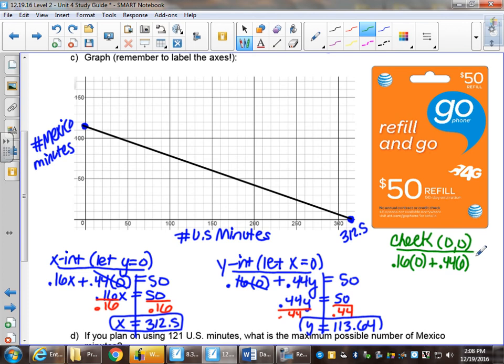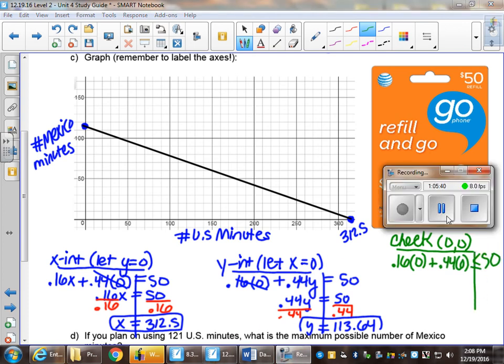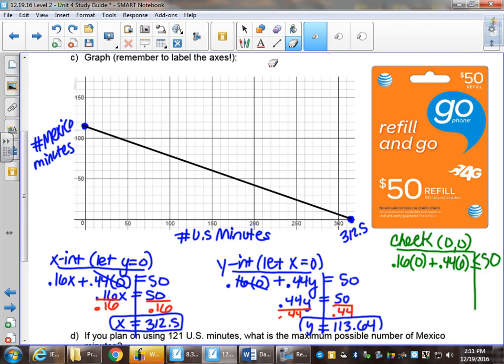This is where we bring the inequality back, so less than or equal to 50. So this is gone and this is gone. We get 0 less than or equal to 50. Ask yourself, true or false? I hope everybody's saying true. So we shade the side the 0, 0 is on.